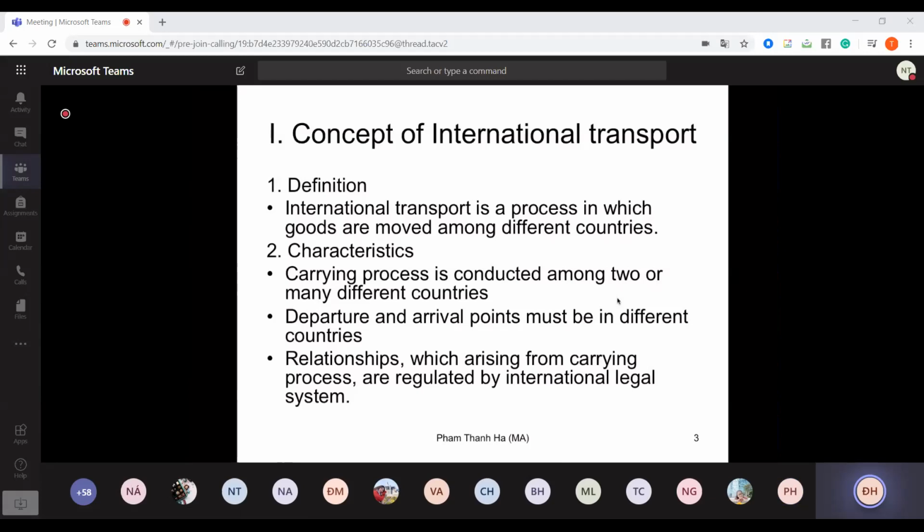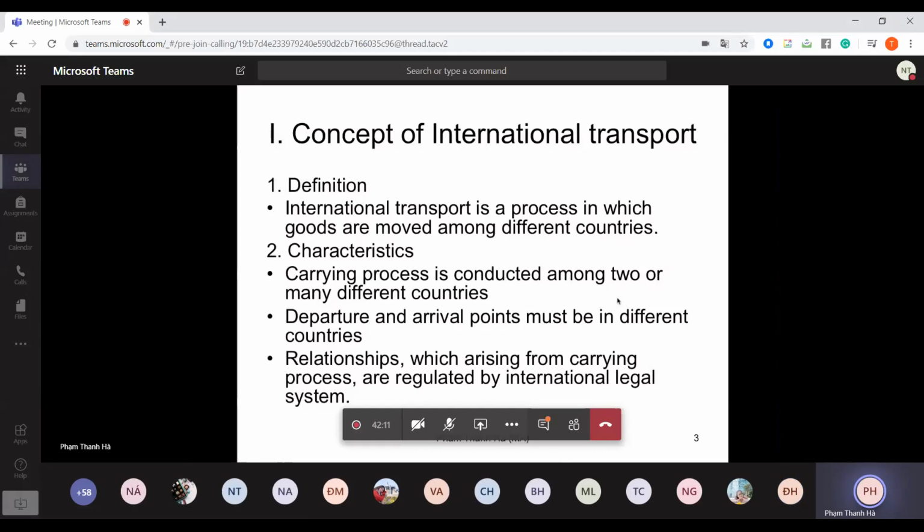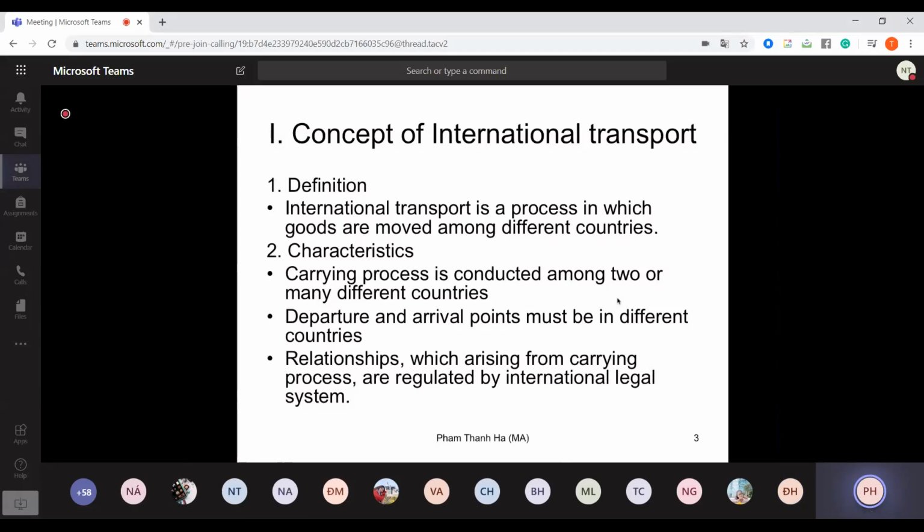Okay, so related to the warehouse owners, as I mentioned, warehousing management is also a kind of logistics activity. I agree with you in that context. But because now we just focus on the transportation process, I think we should focus on the first relationship, between the exporter or importer and the carriers, right?